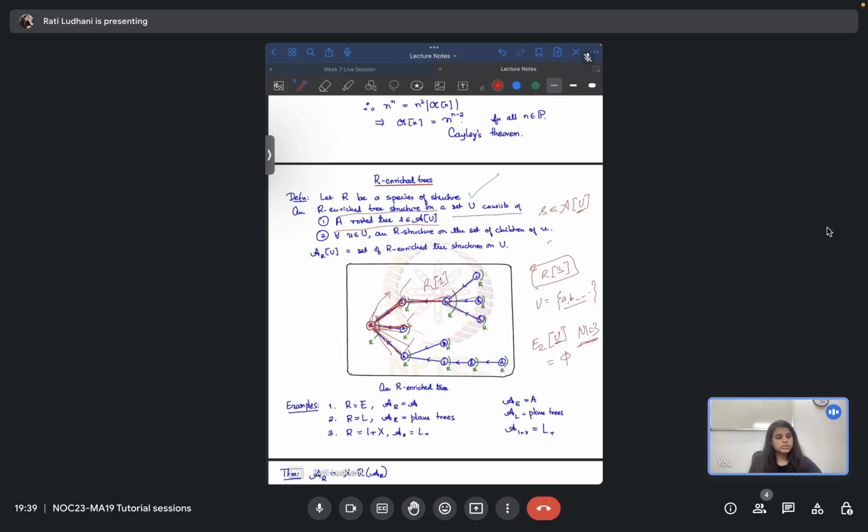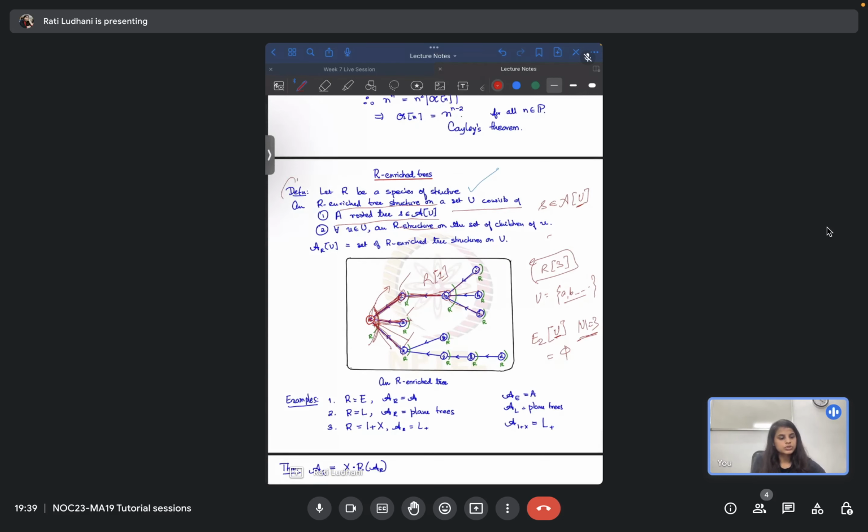So in this situation there is no R structure on E, and from this definition there is no R-enriched tree like this.